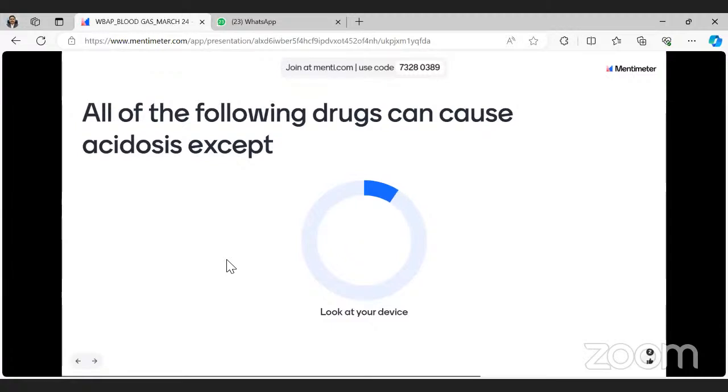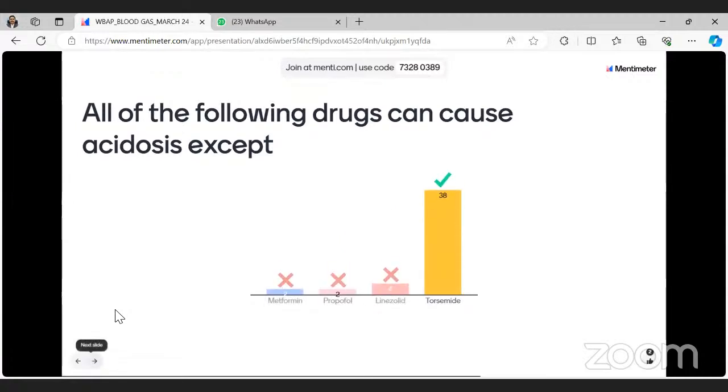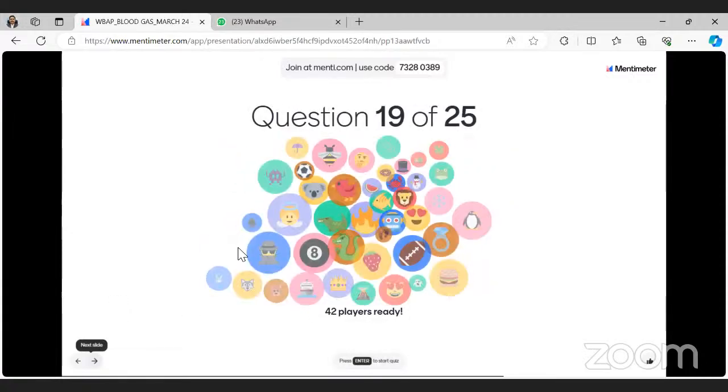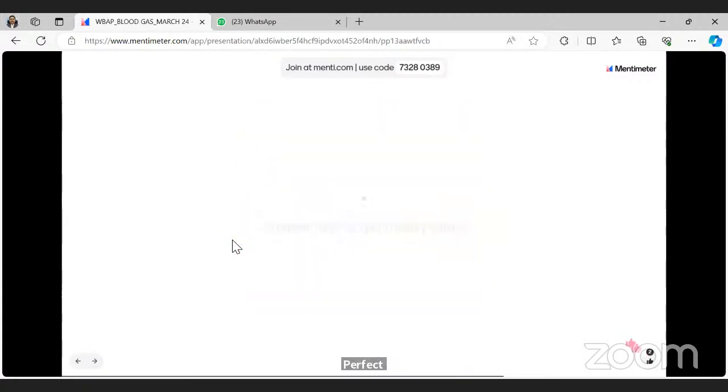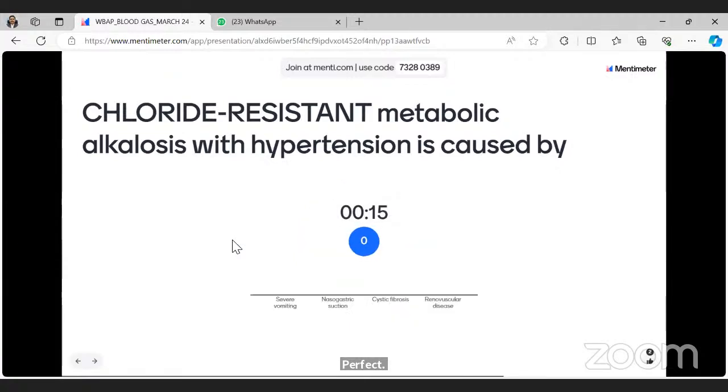Which of the following drugs can cause acidosis except? Perfect. Chloride resistant metabolic alkalosis with hypertension.